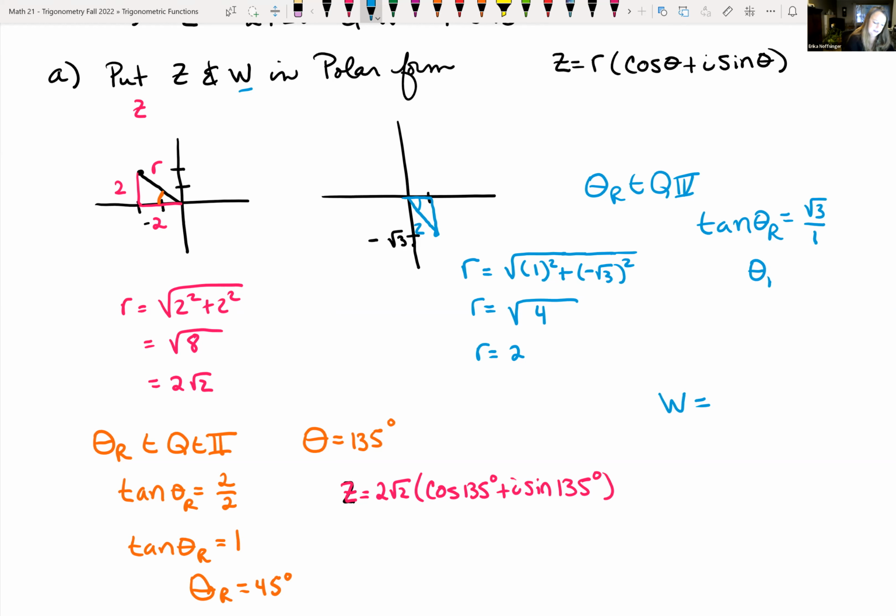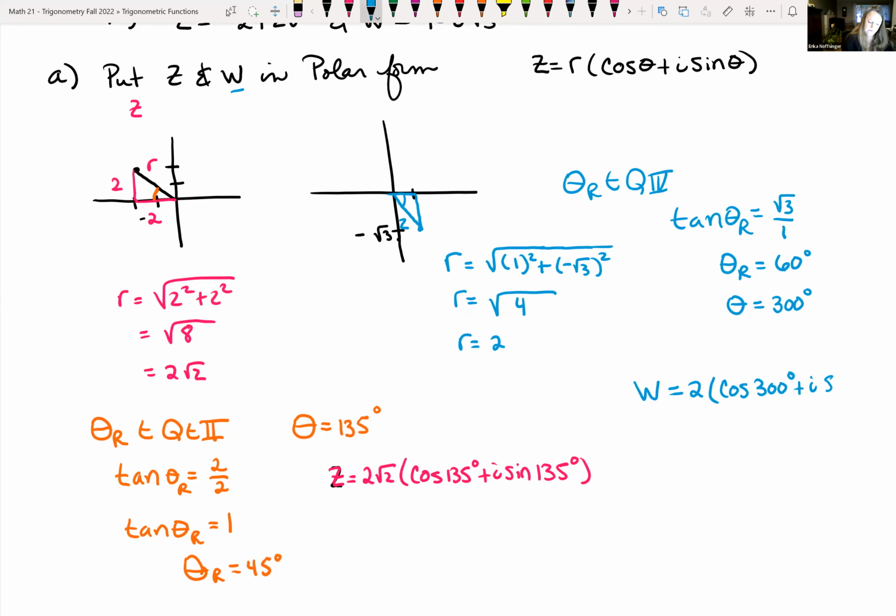So I know my theta sub r is 60 degrees, but I'm in the 4th quadrant, so 360 degrees minus 60 degrees. My theta for W is going to be 300 degrees. So W is equal to R, which is 2, all times the quantity cosine of our angle 300 degrees plus i sine of our angle of 300 degrees.